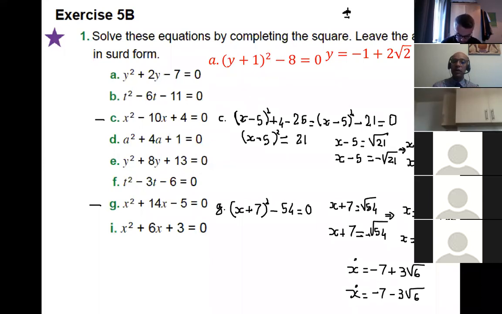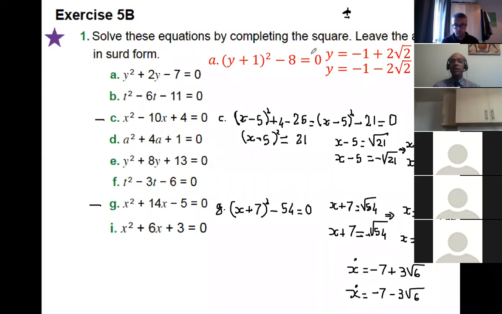And remember we said we had 2 answers, one root 21 and the second one negative root 21. Same here, we would get plus root 8 and minus root 8. So the second answer would be, in our case here, minus 1 minus 2 root 2.